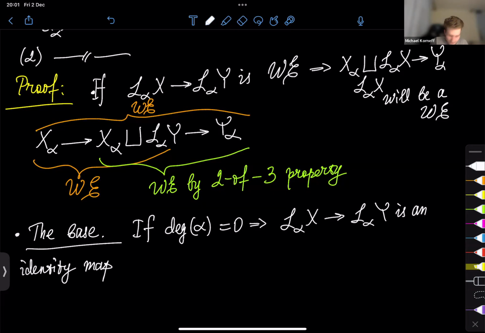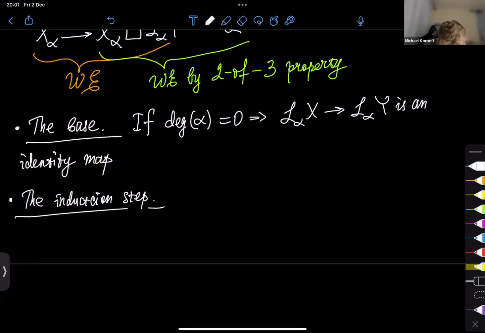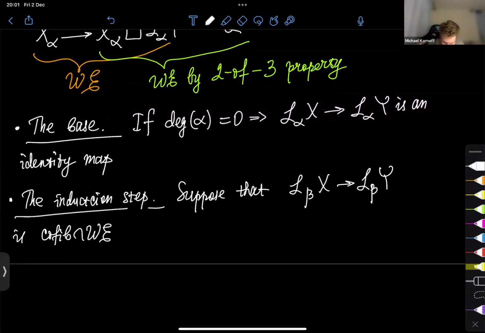Okay. The induction step. Suppose that the map between latching objects of X and Y is in the intersection between cofibrations and Reedy weak equivalences for any beta such that the degree of beta is less than n.